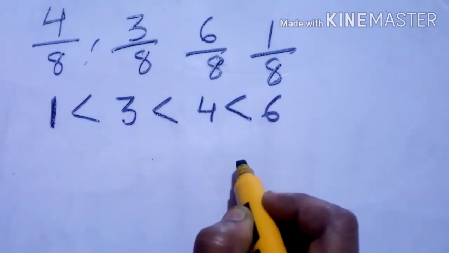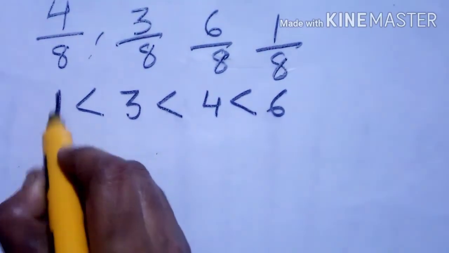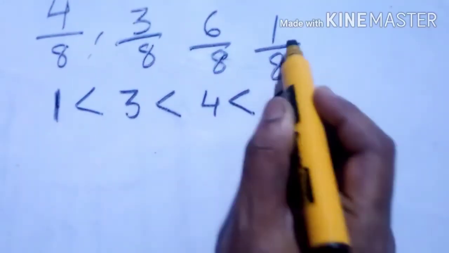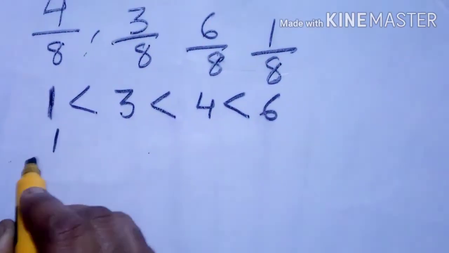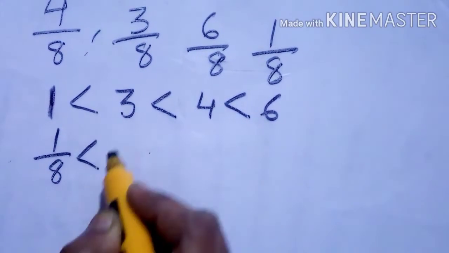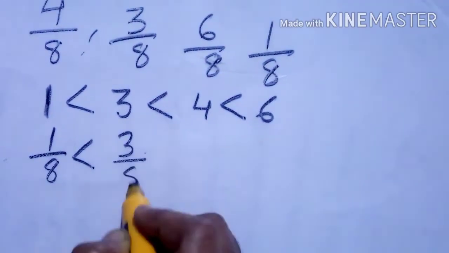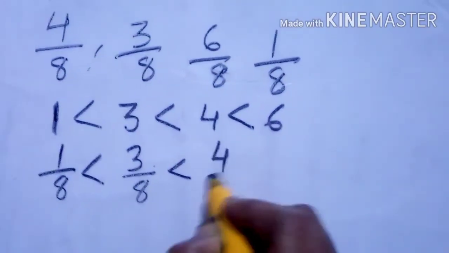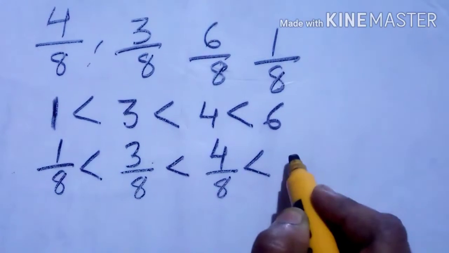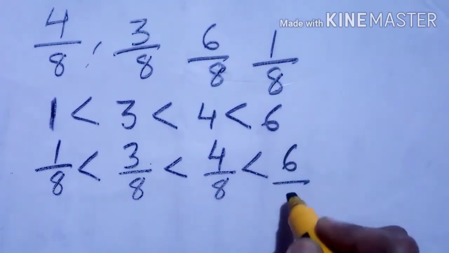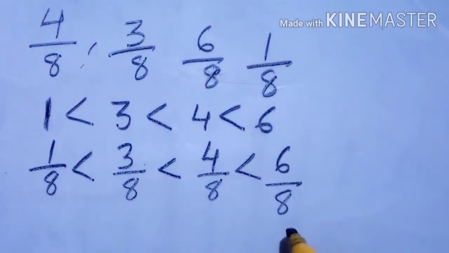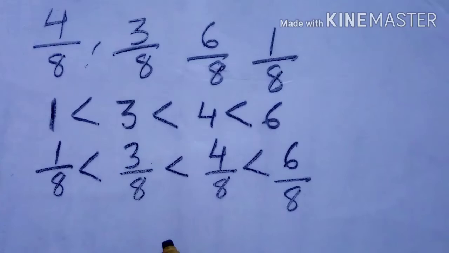Now how you have to compare the fractions? 1 by 8 is less than 3 by 8 is less than 4 by 8 is less than 6 by 8. So this is the order how we write the ascending order of like fractions.